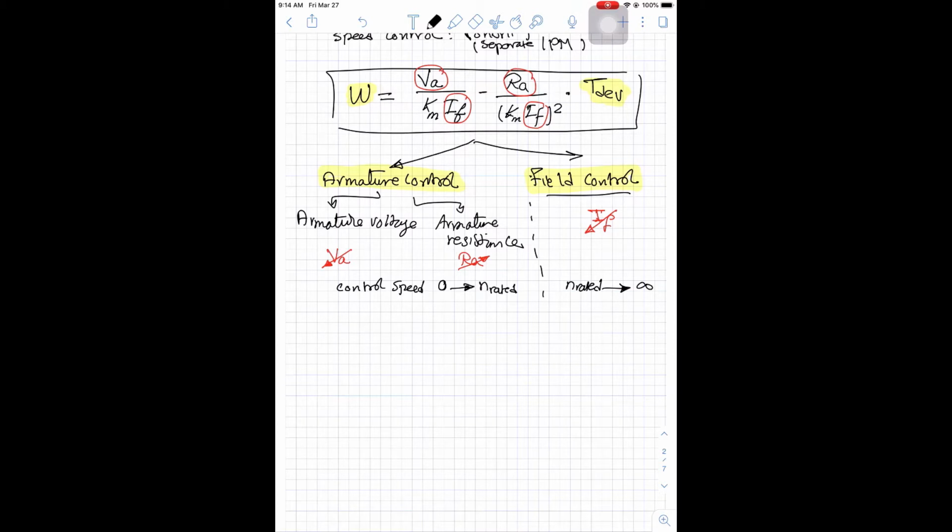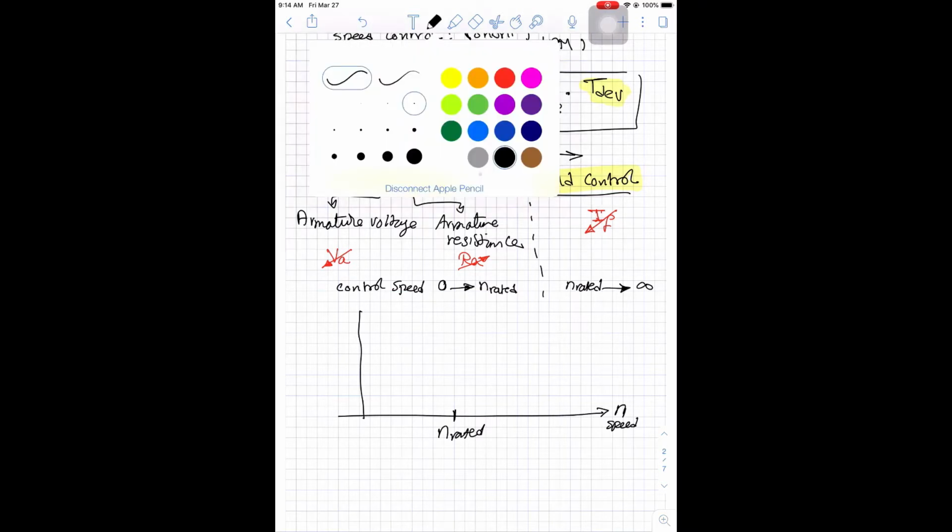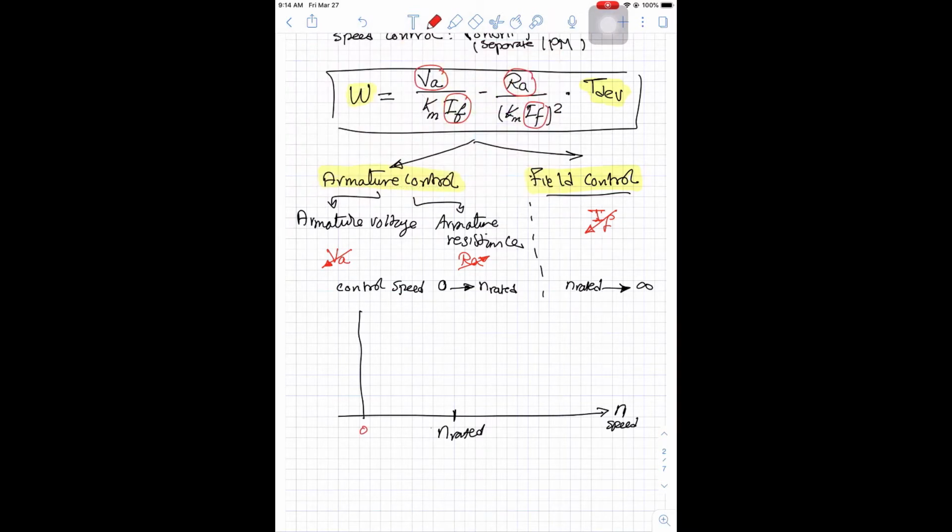If we have a scale here, and our x-axis is speed, and this point here is N rated, then from 0 to N rated we will use armature control, and to control the speed above N rated, we will use field control.